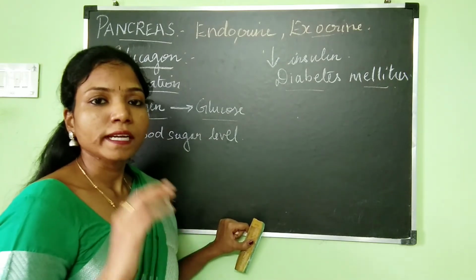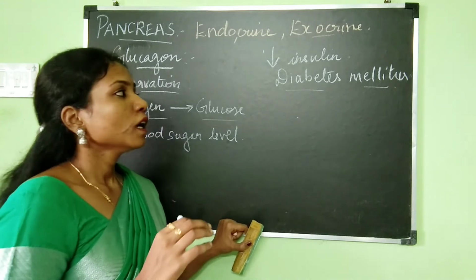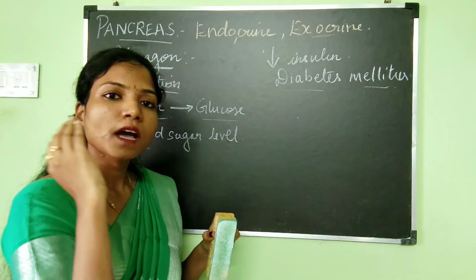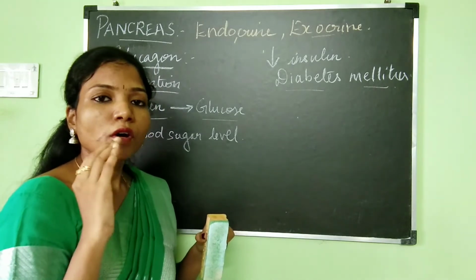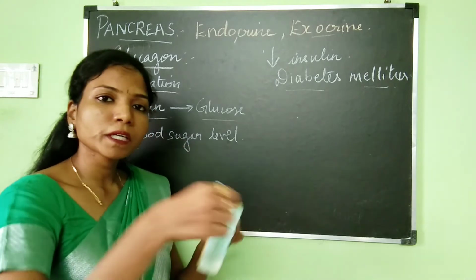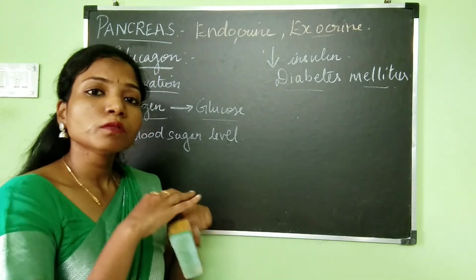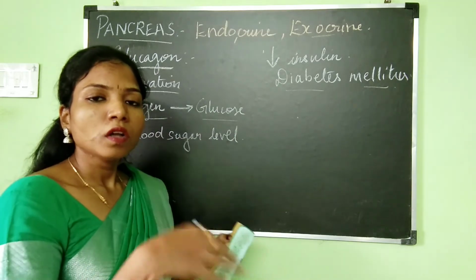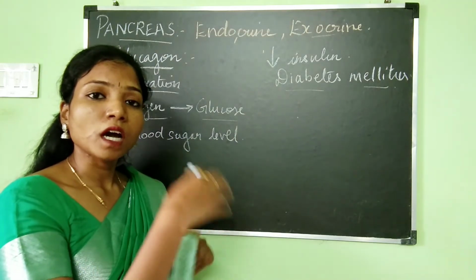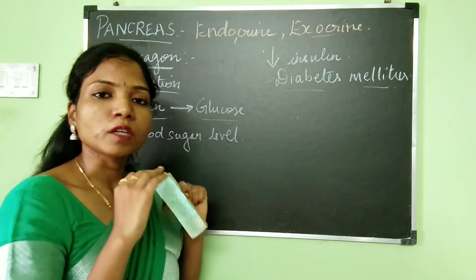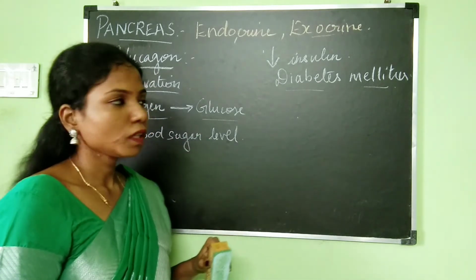Yes, undoubtedly it is harmful, because the blood sugar level will always be high in the blood. The level of glucose will be high in the blood, because usually insulin will pick up the glucose from the blood. But now there is no insulin to pick up the glucose. So all the carbohydrates which are getting digested will go into the bloodstream and it will remain there itself.